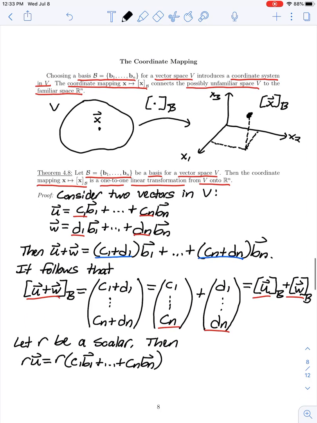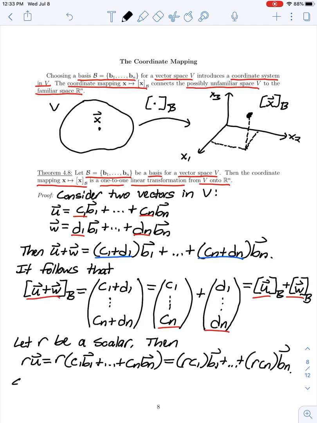Distributing our constant r, we would have rc1 times b1 plus rc2 times b2 up through rcn times bn.